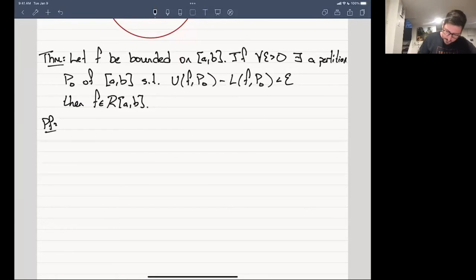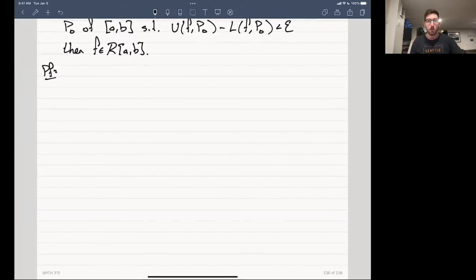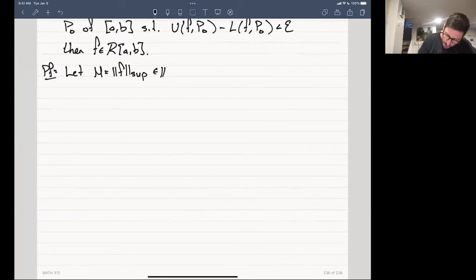Okay, let's take a look at the proof here. So first of all, let capital M equal the sup norm of f, which we know has to exist because f is bounded. Now, also what we're going to have to do is let epsilon be positive. So we need to start with an epsilon.